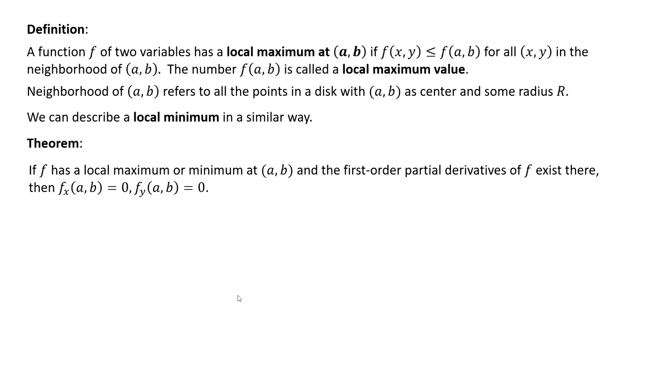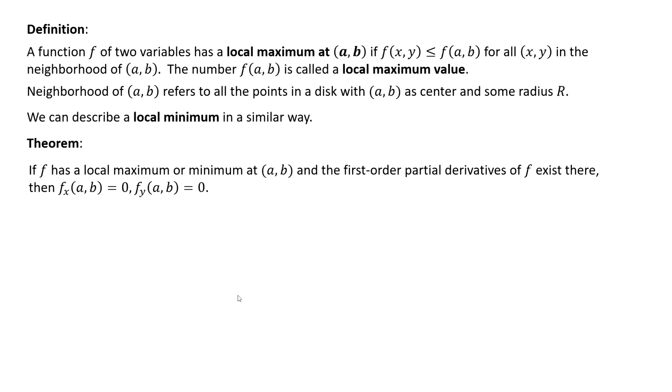Now comes an interesting question. If f has a local max or min, the derivatives are 0. Is it saying that if the derivatives are 0, you are guaranteed to have a local maximum or minimum? You see my question? Please pay attention to that question.